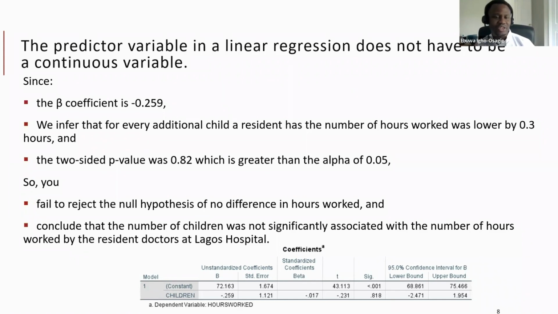Somebody's going to say, excuse me, sir, remember our study. It showed that the number of children that the person has does not affect the number of hours they work. So it's not the number of children that will determine. Why don't we use some other criteria? Please don't use male and female. We know that it was significant, but if you do that, you will get into a lot of trouble.